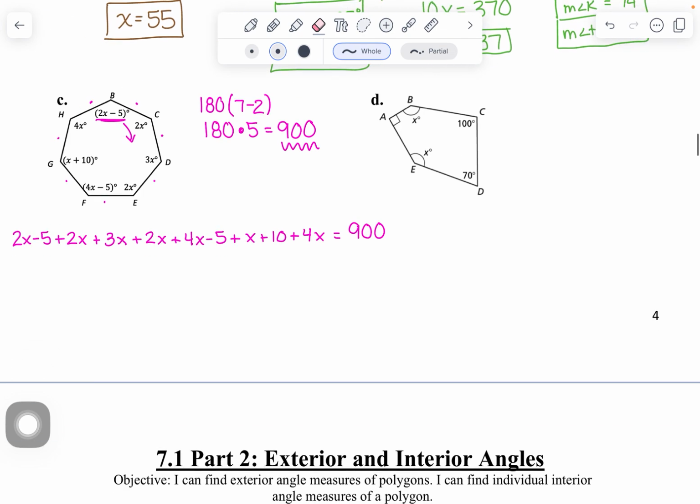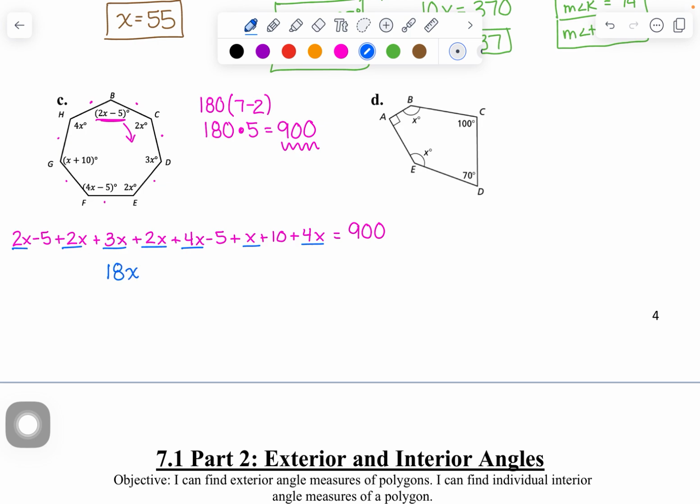Okay, combine like terms. Be careful of the positives and negatives. 2x plus 2x is 4x, plus 3x is 7, plus 2 is 9, plus 4 is 13, plus 1 is 14, plus 4 is 18. Sweet, I did that right. I double checked my math.